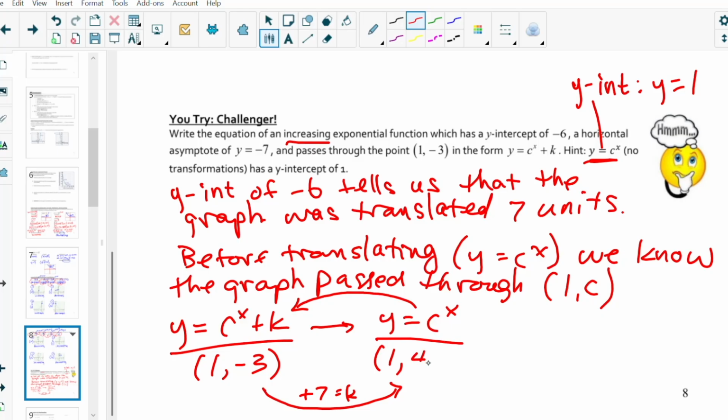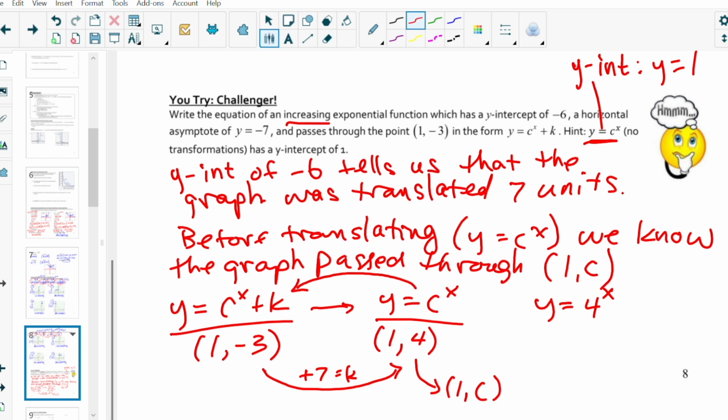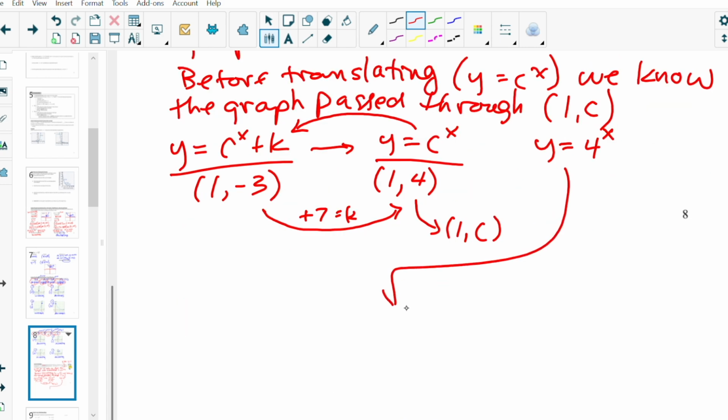So -3 plus 7 is 4, so it's (1, 4). Remember, this is in the format (1, c), so the original function is y equals 4 to the x.